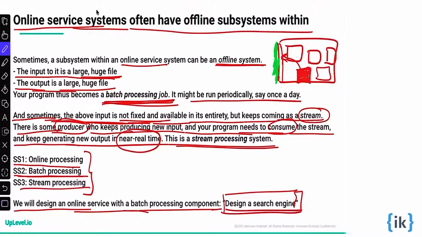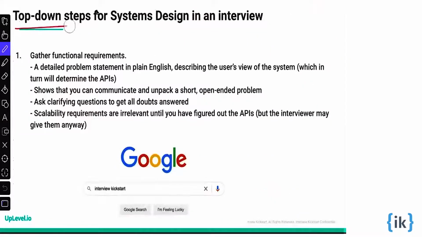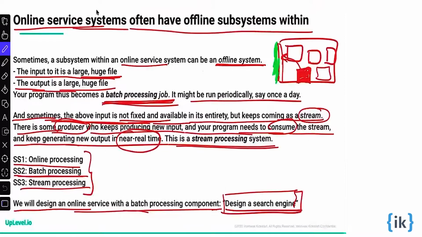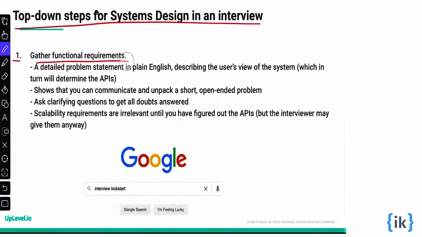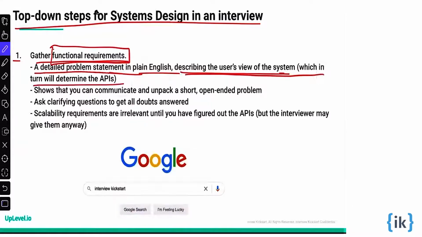So your job is to unpack that problem statement into a more elaborate problem statement. And that is usually the first thing you do, which is to come up with a more detailed set of functional requirements. These are more detailed problem statements in plain English, which just describe in a non-technical way the user's view of the system.